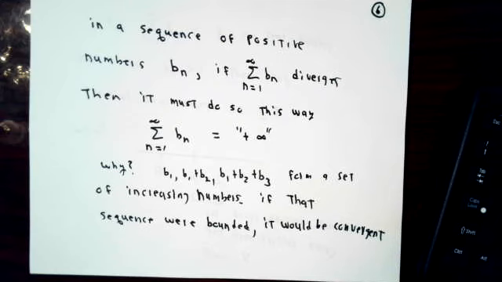Because the b numbers are positive, every time you go to the next partial sum, it is bigger than the previous one because the numbers you're adding are all positive. That means that the sequence of partial sums for the b series is monotone increasing.